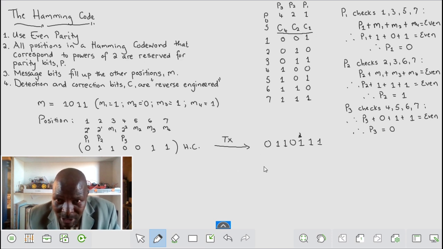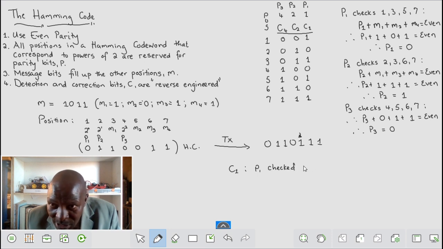We say for correction bit C1, we look at P1. C1 comes with P1. We look at what P1 actually checked.